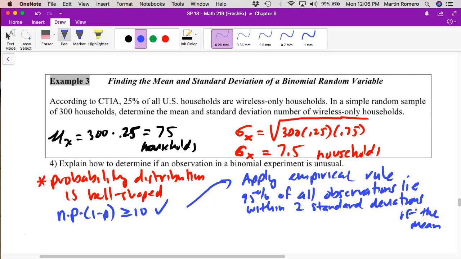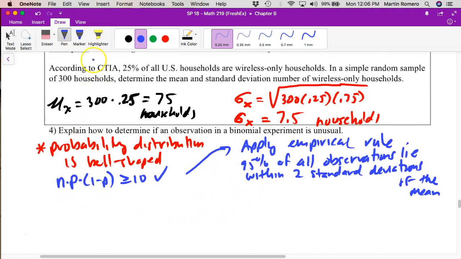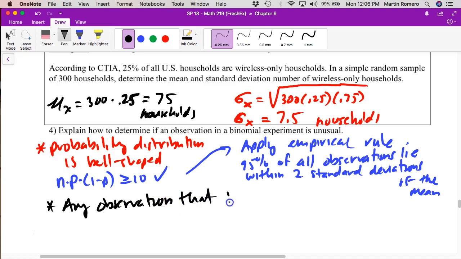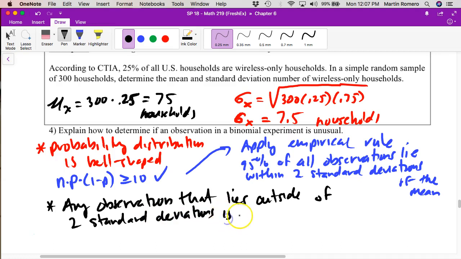And so what does that result in for us? How do we then determine that? What we then know is that any observation that lies outside of 2 standard deviations is unusual.